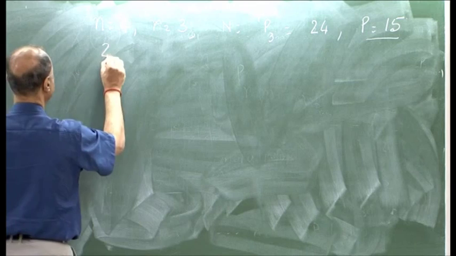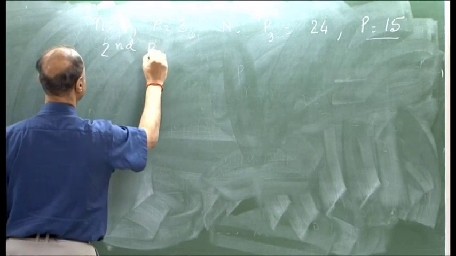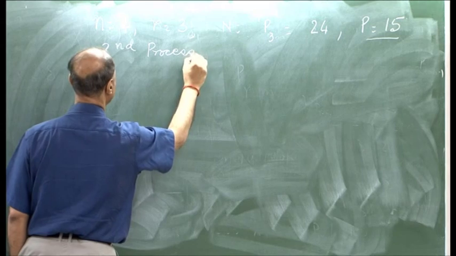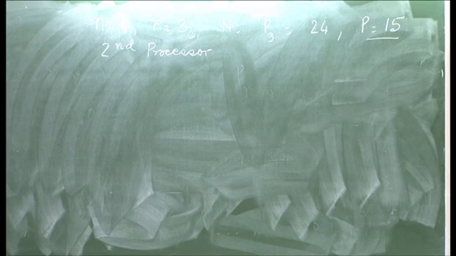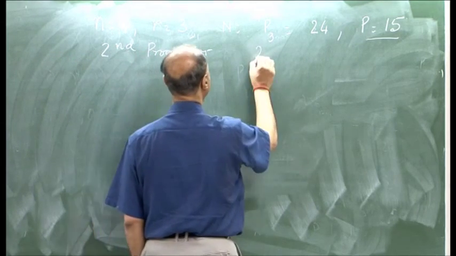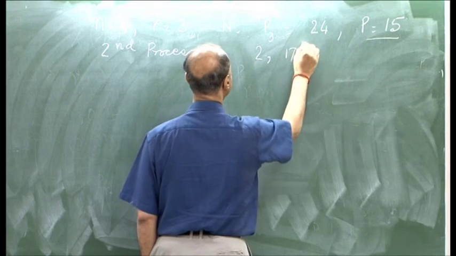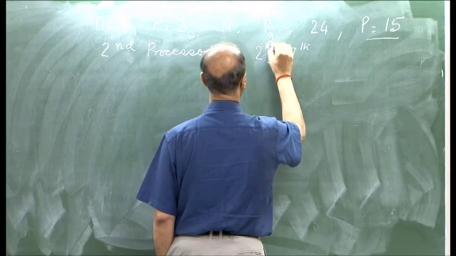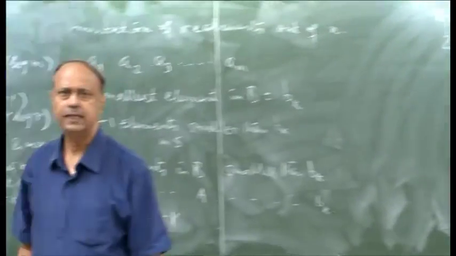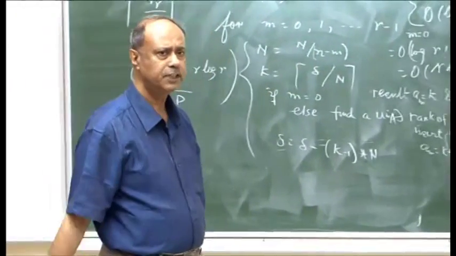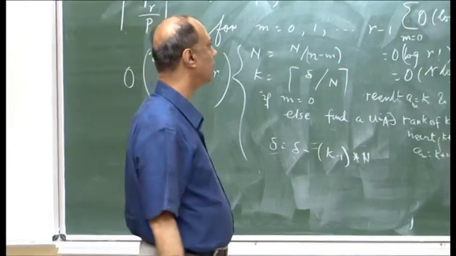So let us see what the second processor will generate. The second processor will generate the second lexicographic permutation and the 17th lexicographic permutation.